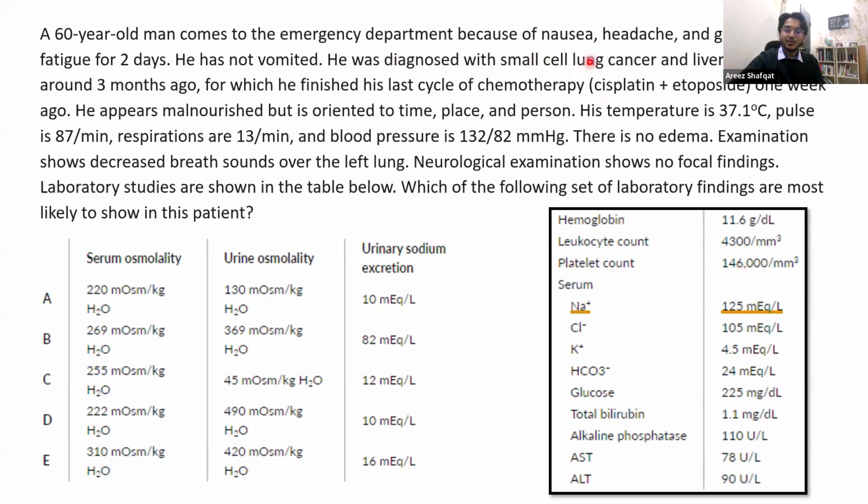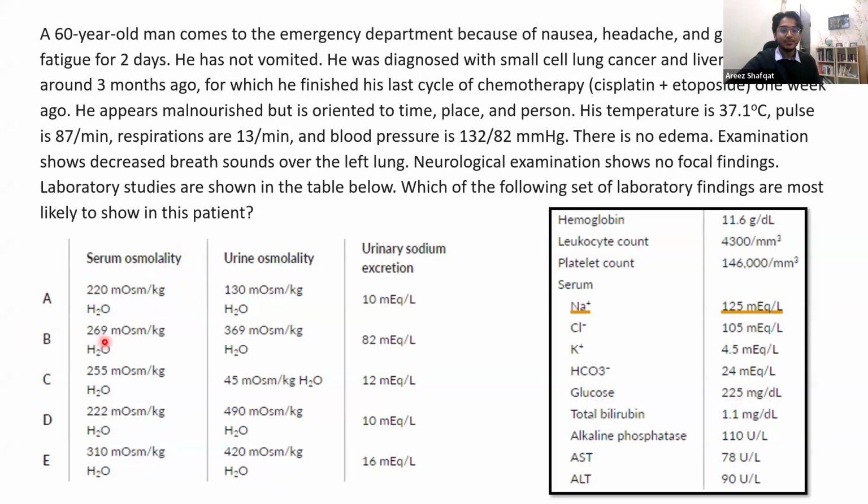Okay, so this is a case of small cell lung cancer, and small cell lung cancer usually releases ADH as part of a paraneoplastic syndrome. So this is a case of SIADH. You can also tell that it's SIADH by the fact that there's no sign of hypovolemia or hypervolemia. So the patient has euvolemic hyponatremia, which means SIADH. In SIADH, it would be a true hyponatremia, so serum osmolality would be low.